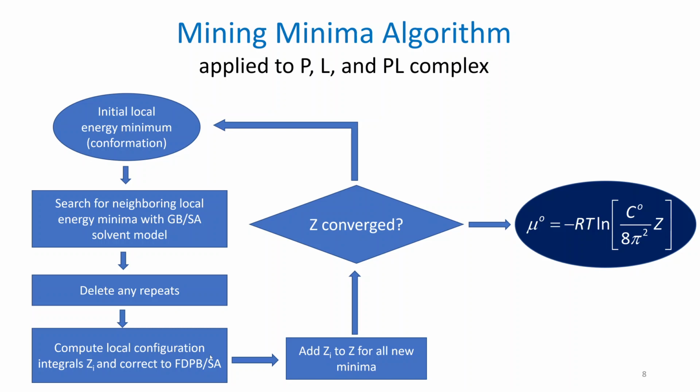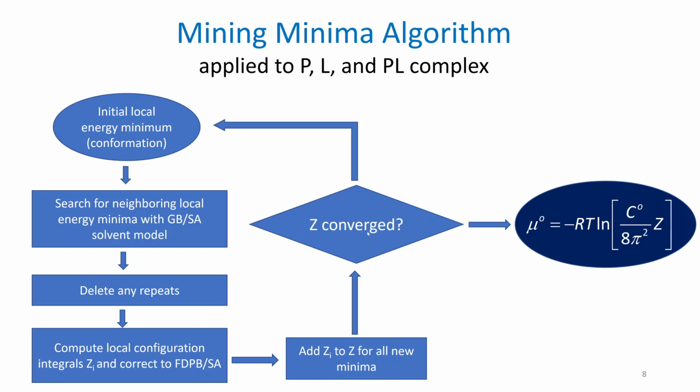And then for the new ones that have been discovered, we compute the local configuration integral Zi, where i is the index of the well. We also do a correction to the finite difference Poisson-Boltzmann surface area model, which tends to be a bit more accurate than generalized Born. So the contributions of these wells are added to Z as a running sum, and if they didn't make much difference, then probably we've discovered all the low energy structures.